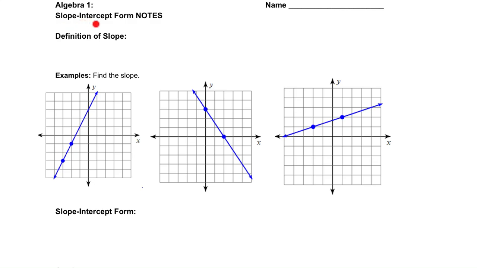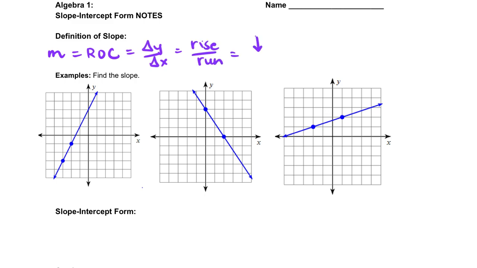In this video, we're going to talk about slope-intercept form of equations, and we're going to start with a review of what slope is. So remember that slope, we use m to represent, and it is also the same as rate of change, which is the change in y over the change in x, or the rise over run.